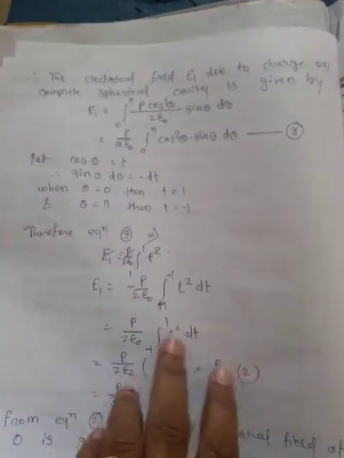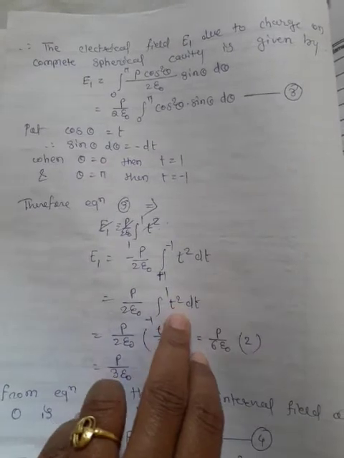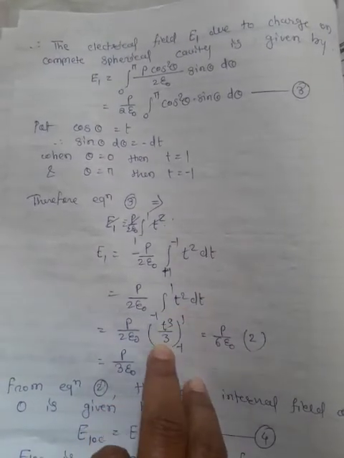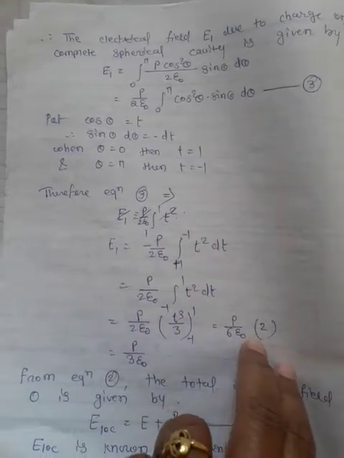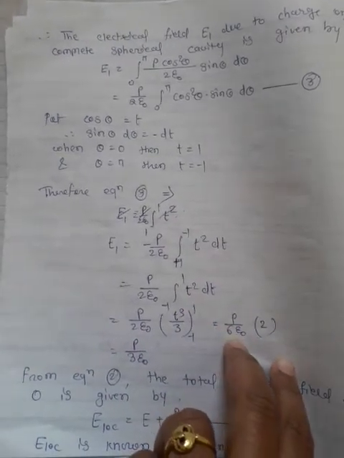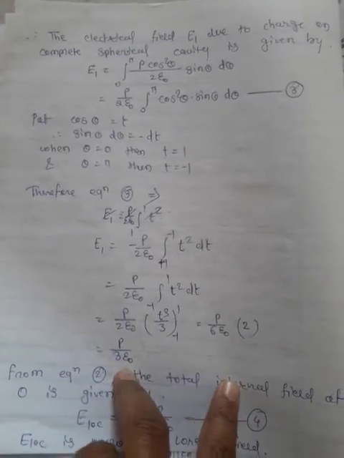It becomes the integral from minus 1 to 1 of t square. Now the integration of t square is t cube upon 3. Taking the limits, we get P upon 6 epsilon naught times 2. Then finally we get P upon 3 epsilon naught.